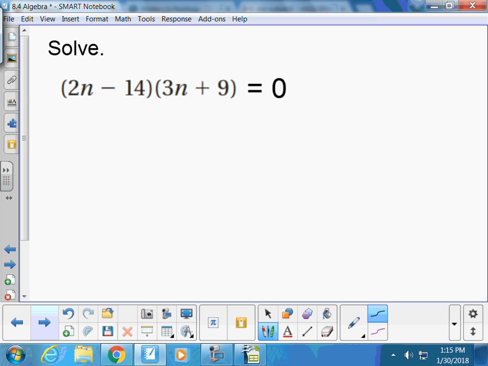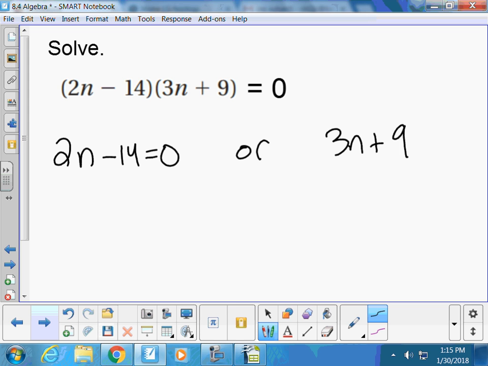Okay, this is good. We're going to go ahead and solve them both out by hand, and then I'm going to show, because there's a lot of scholars in this class, let's face it, all you scholars how you could solve these ones all in your heads, without writing them out. So we got 2n minus 14 equals 0, or 3n plus 9 equals 0. Let's just solve them traditionally.